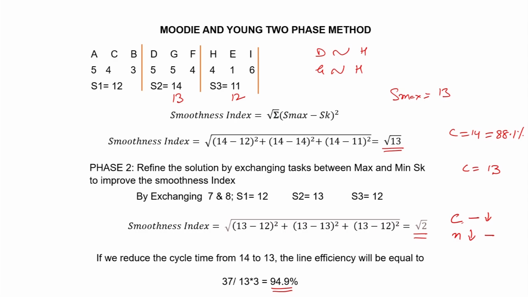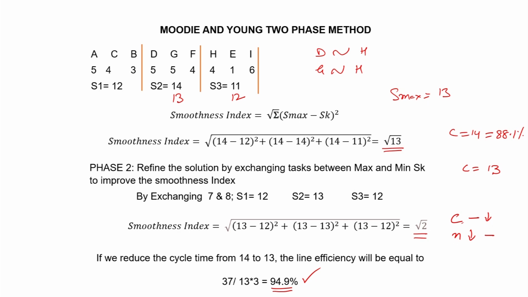use the Moody and Young method, 2-phase method, by interchanging, refining the solution by exchanging a task between max and minimum Sk to improve the smoothness index. So, we can interchange one element between workstation 2 and workstation 3, so that my smoothness index is improved and my S max is also reduced, and by reducing S max I can lower down the cycle time also, that helps in improving the line efficiency of the assembly.